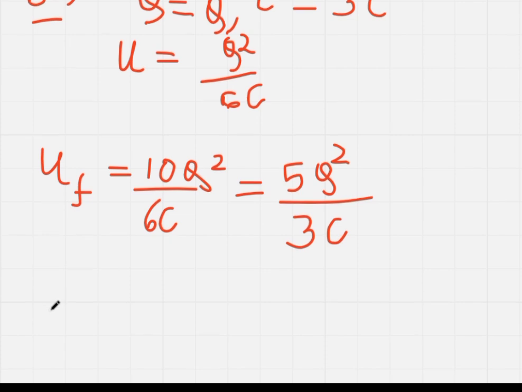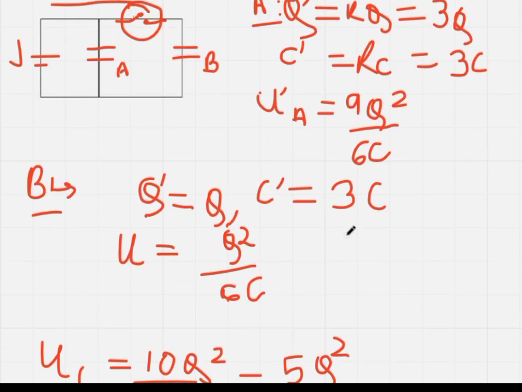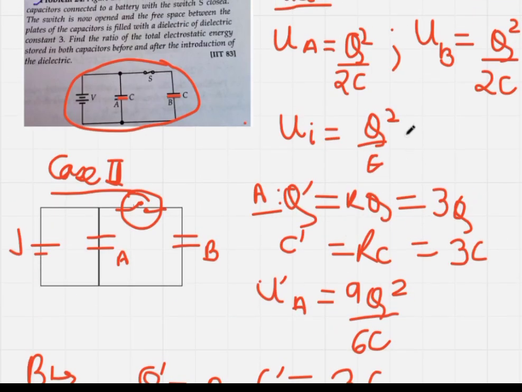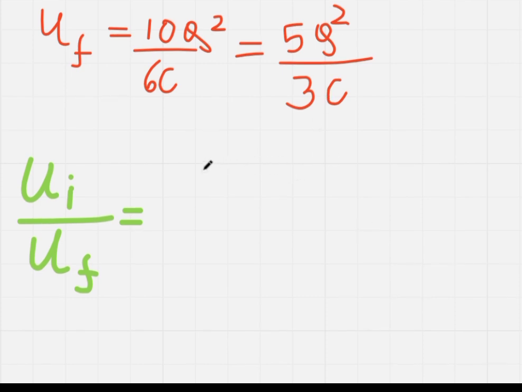Okay. So now let us find out the ratio. The ratio will be U initial by U final. The initial value of the electrostatic energy was Q square by C, and the final value is 5Q square by 3C.